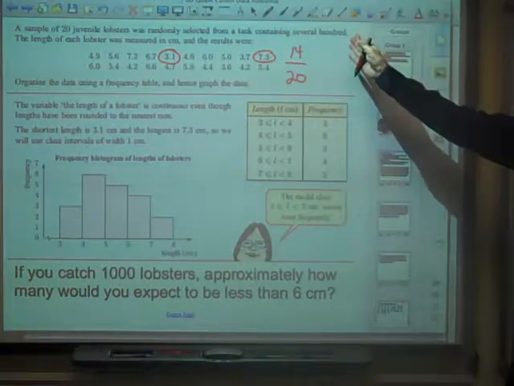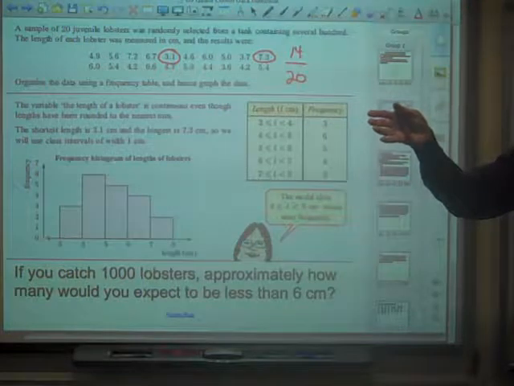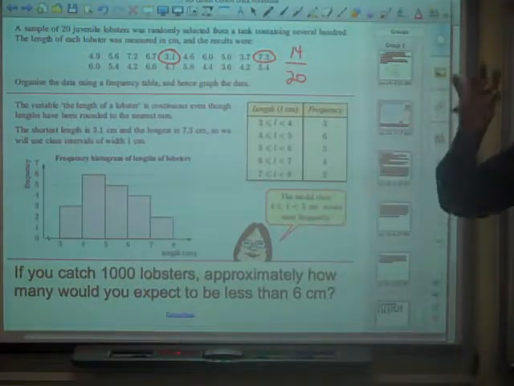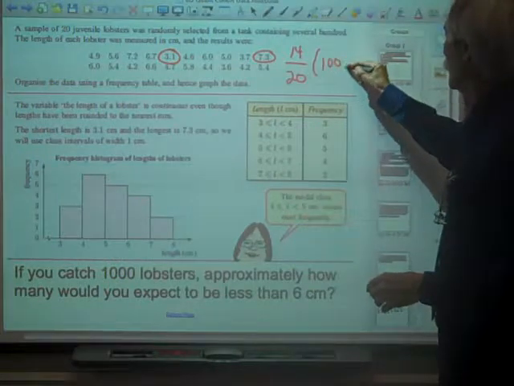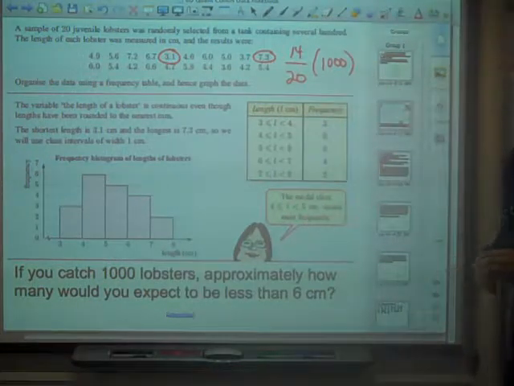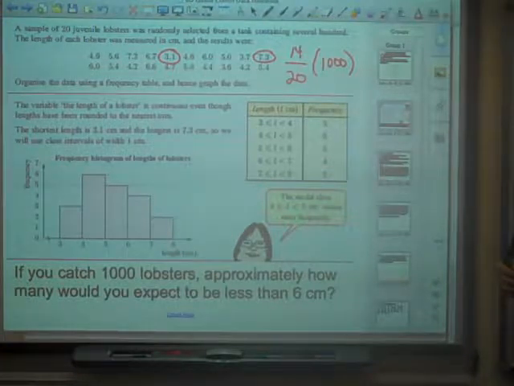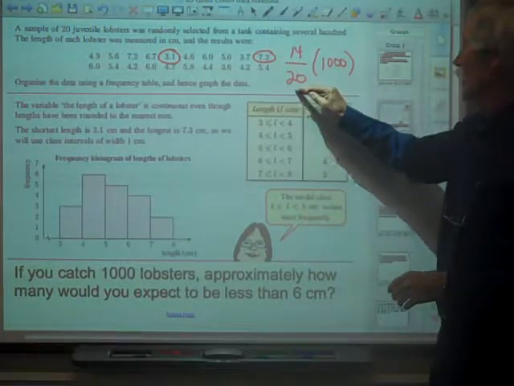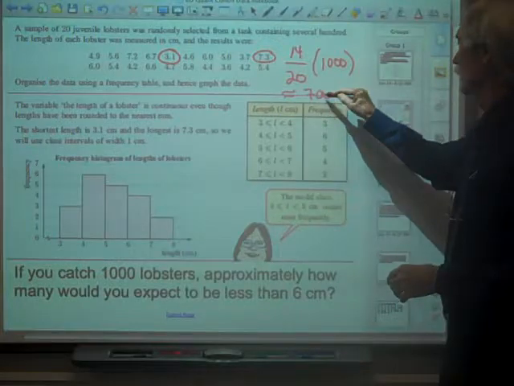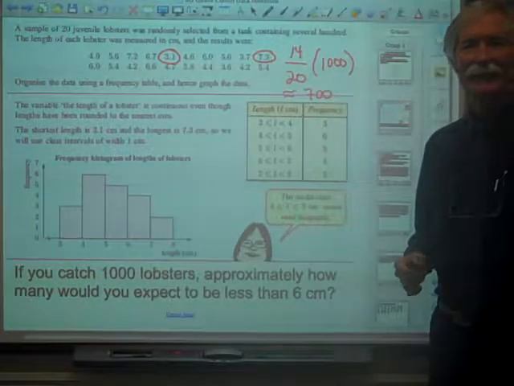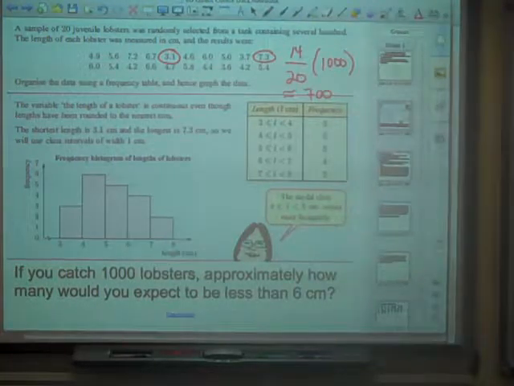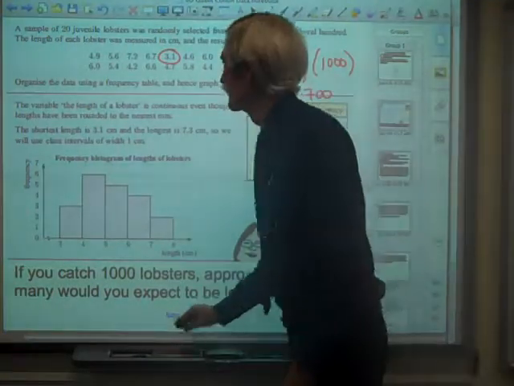Will the same fraction apply to those 1,000 lobsters? You would hope that at least it would be close. And what is that fraction of 1,000 lobsters? Yeah, about 700. Okay, good.